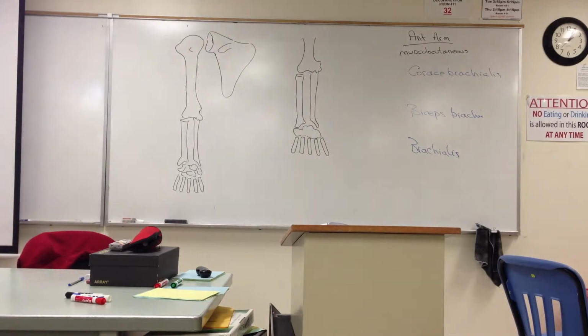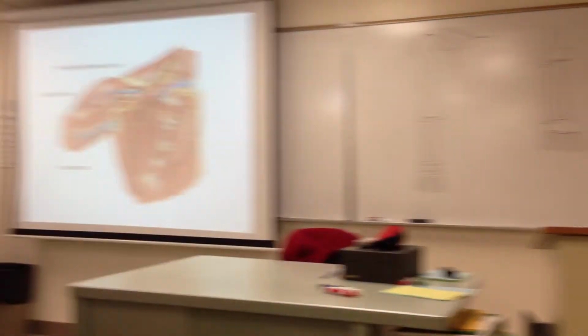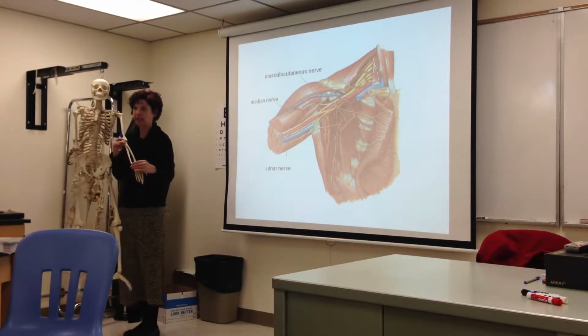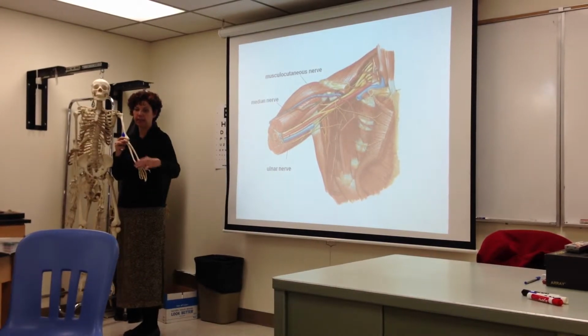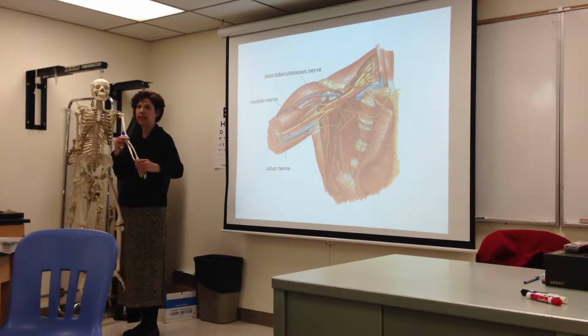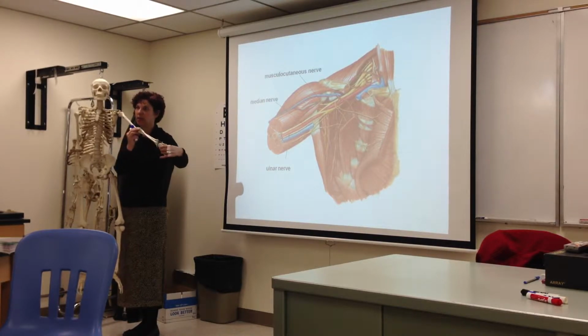So if we look at the upper extremity in the anatomical position with the palm facing forward, notice that the 2 bones are parallel, and then the hand is supine. And when we pronate, the radius crosses over the ulna. The ulna does not move.